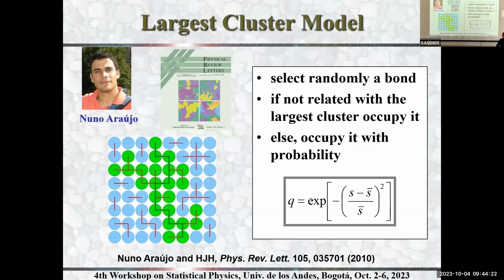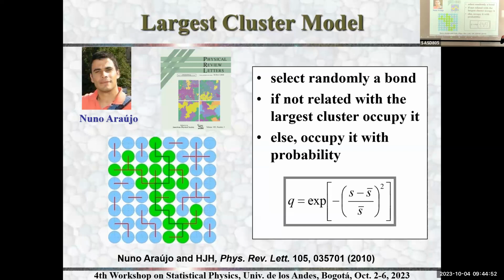So every bond you can place, except when it is connecting anything to the largest cluster. The largest cluster is special. For the largest cluster, you have to make a procedure, namely you have to look at the size of the largest cluster minus the average size, take the square of this, and then minus the exponential. And then only occupy it with this probability.